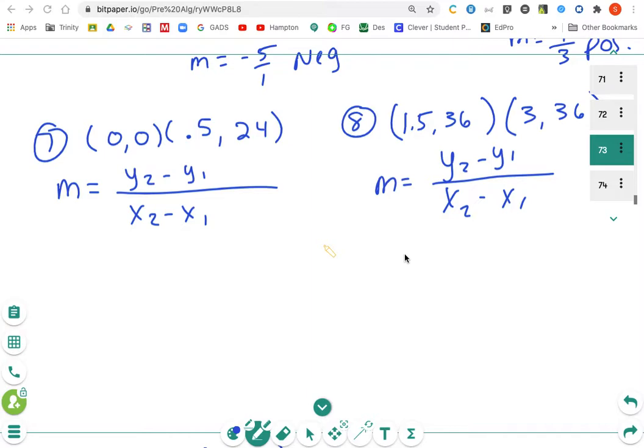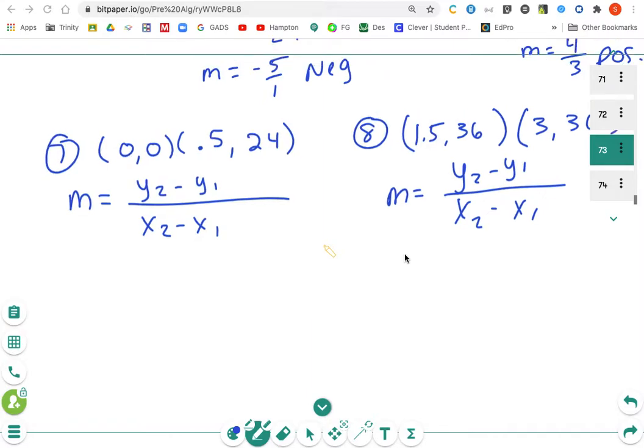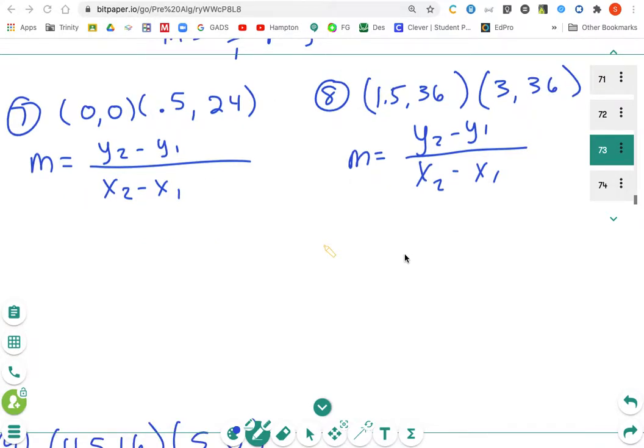When we start taking time, we are at 0, 0. So this is going to be x1, y1. But 30 minutes is not a whole hour, so we're going to put x2 as 0.5, and then y2 is going to be the 24,000 feet of altitude.